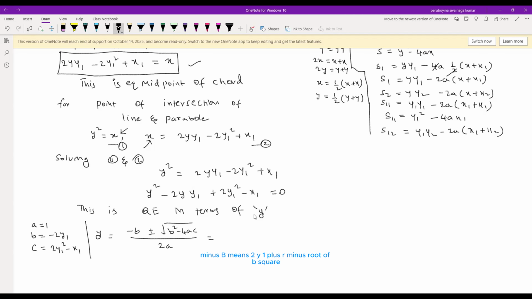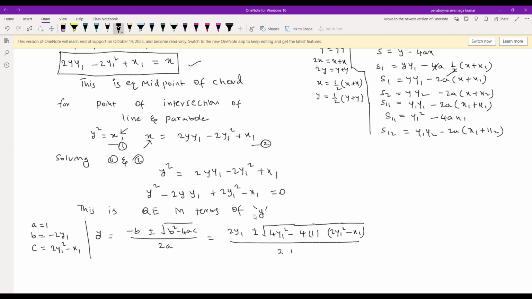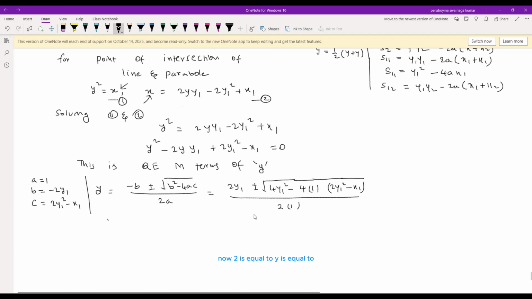Minus b means 2y1 plus or minus root of b square means 4y1 square minus 4a and c, 2y1 square minus x1, by 2a, 2 into 1. Now y is equal to, you can cancel 2, y1 plus or minus, you can move this 4 outside of the entire square root.